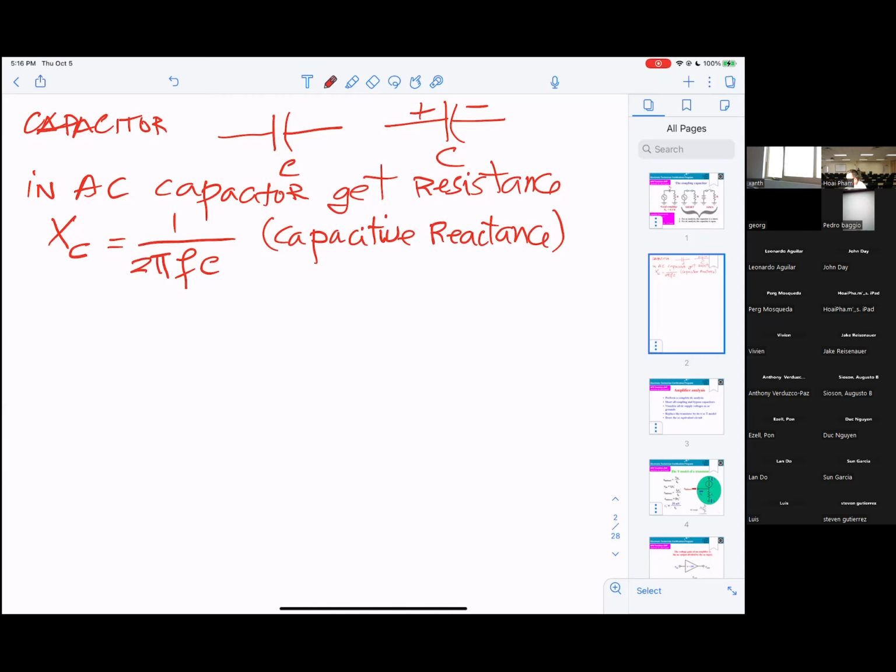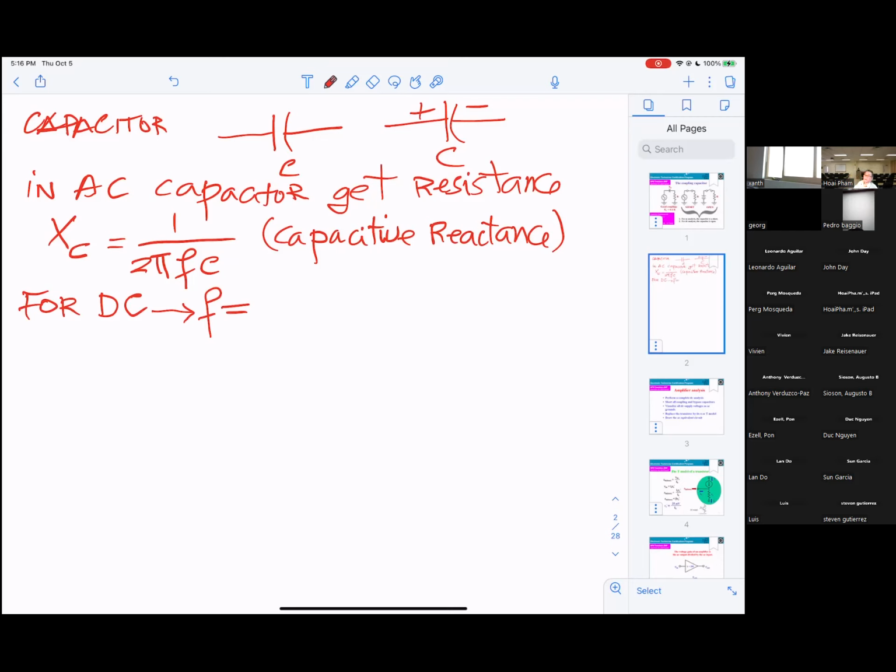Okay, now try to see. For DC, what frequency is equal?